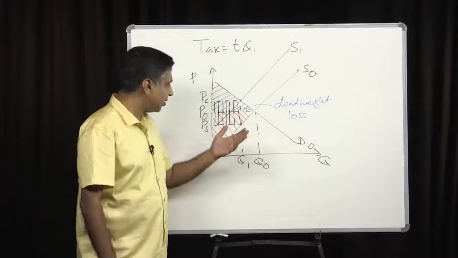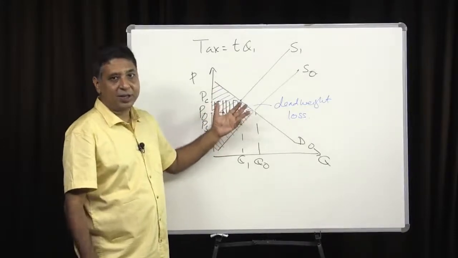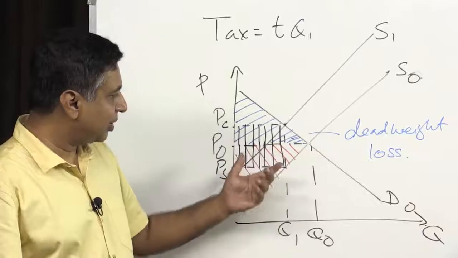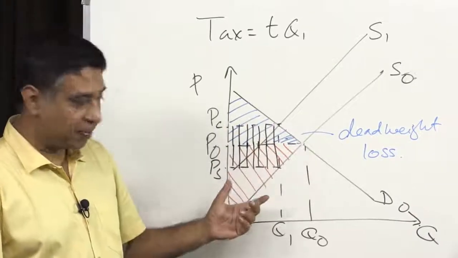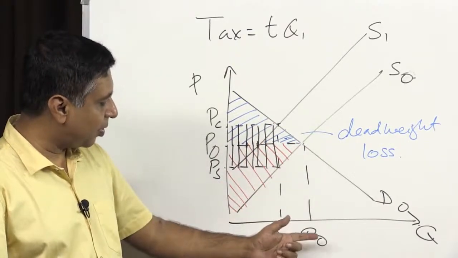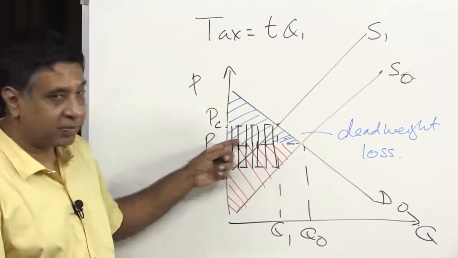It is okay for me to show this as a shaded area in a diagram, but what does it actually mean? Well, taxes change behavior. If the tax hadn't been there, the amount that would have been bought is Q0 and the price would have been lower at P0.